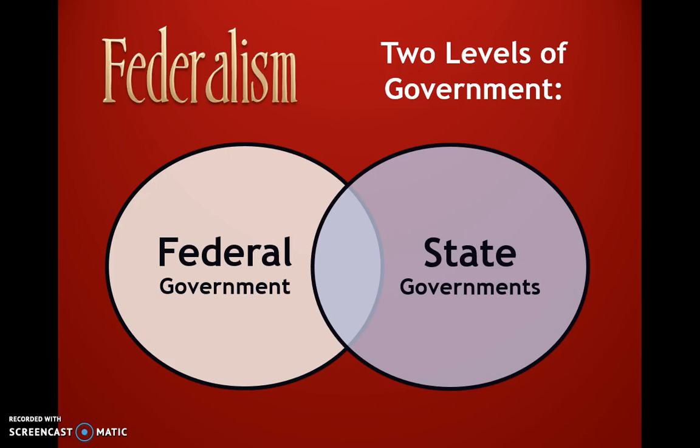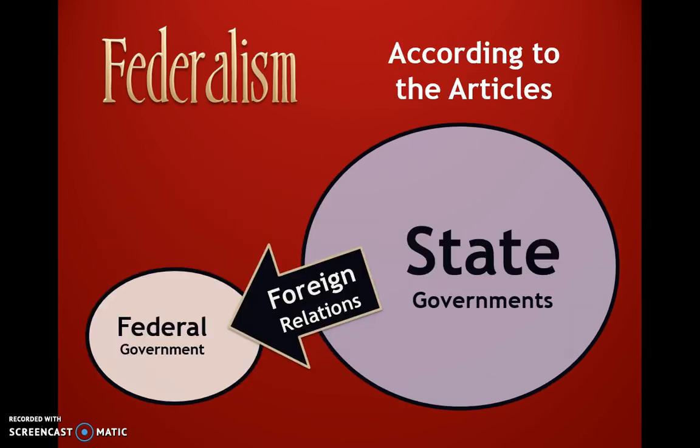And so this diagram here shows how federalism exists today under our current Constitution, where the federal government is on equal footing with the state governments, plural, right? But in 1781, when the Articles of Confederation are created, the state governments have power over the federal government.